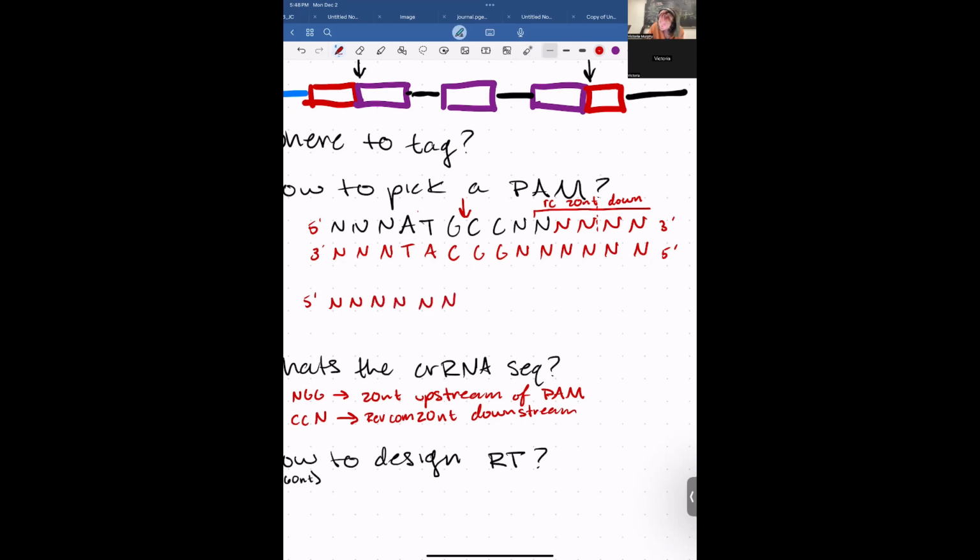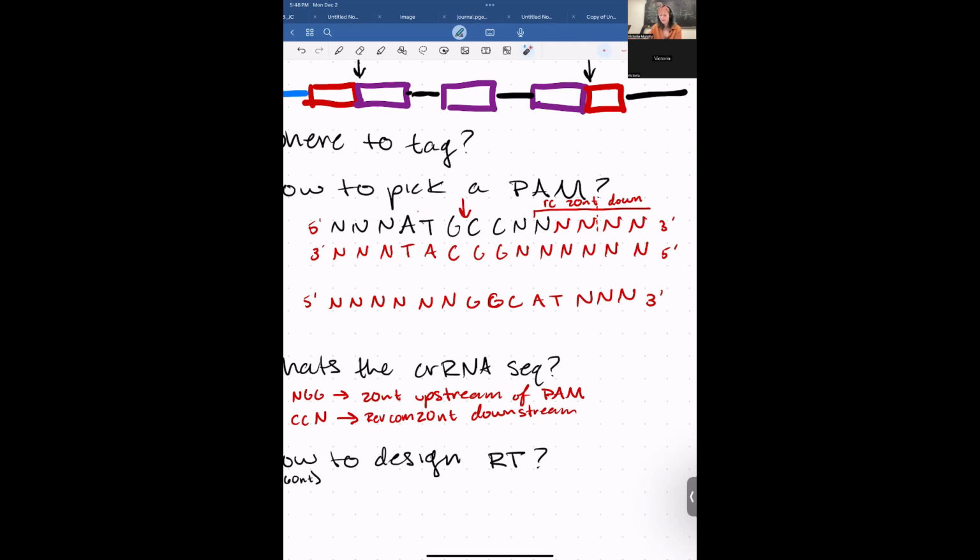How many Ns? 1, 2, 3, 4, 5, 6. Okay, 1, 2, 3, 4, 5, 6. G, C, G, G, C, A, T, and then 3 Ns. Okay, so this is the same thing as this strand here, but just written again the way we're used to reading DNA.